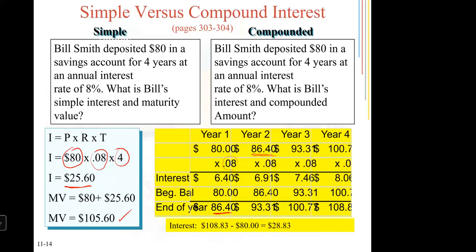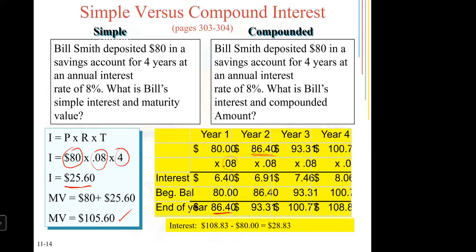So the principal doesn't change unless you added more to it to increase the principal, but it's not going to be changing due to interest. When you do compound interest, the principal changes each year or each period due to the interest that is earned.